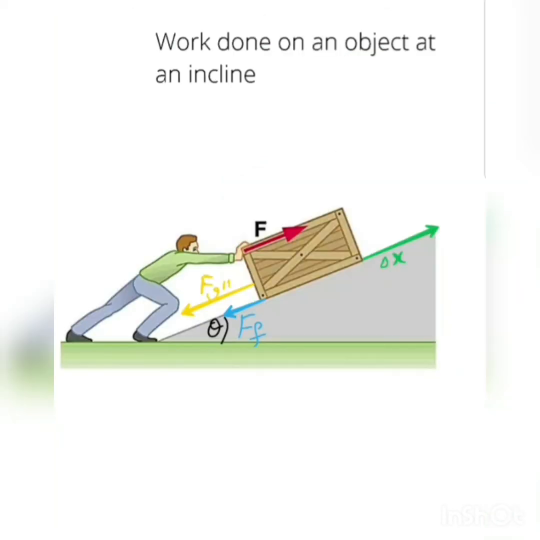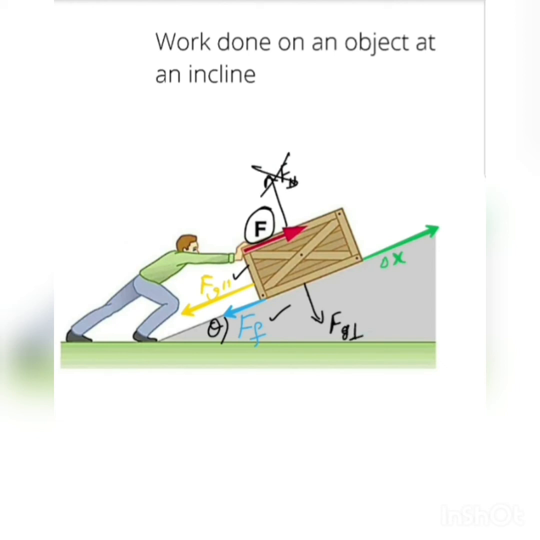Let's look into the work done on an object that is at an incline. So the first thing that we should take into consideration are all the forces that are parallel to the incline itself. And what are those forces? They are our applied force, the frictional force, and the FG parallel. So we are going to ignore the normal force and also the FG perpendicular.